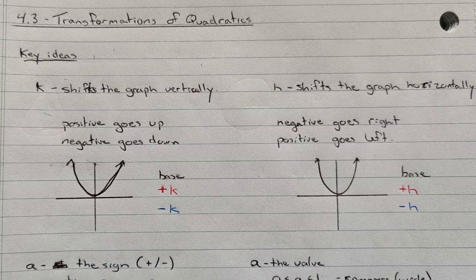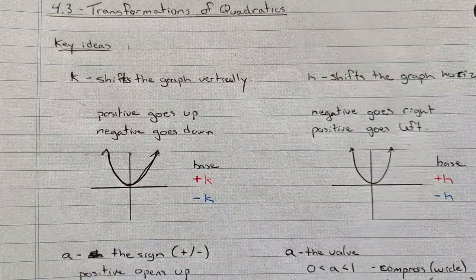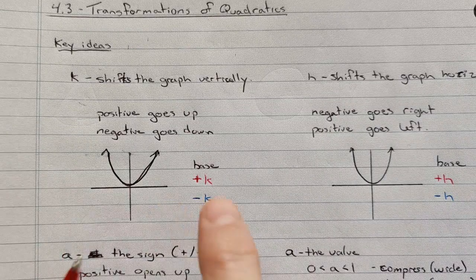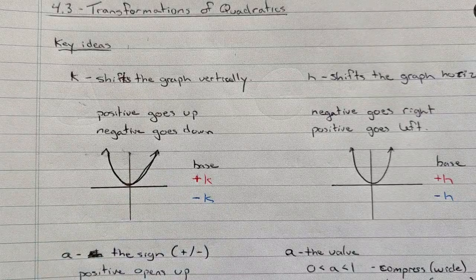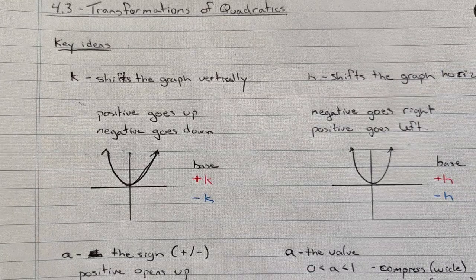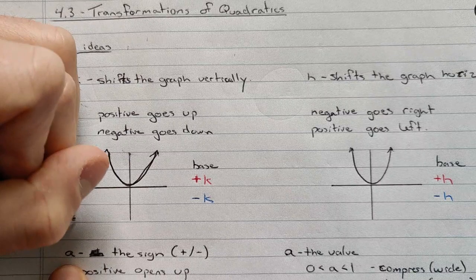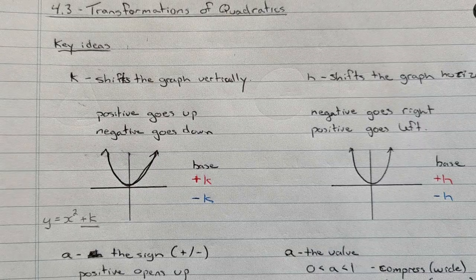So 3 letters we use: A, H, K. In the case of K, what that does is it's going to shift the graph vertically, so up and down. If the value of K is positive, the graph is going to go up; if negative, down. We have this black line here as our base graph. When we shift that graph up, if K is positive, it looks like this: x squared plus K, K added after the x squared portion.